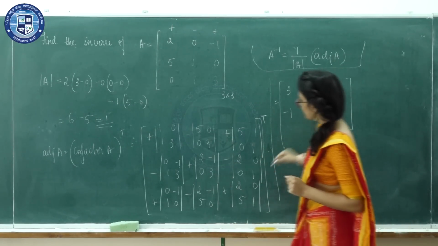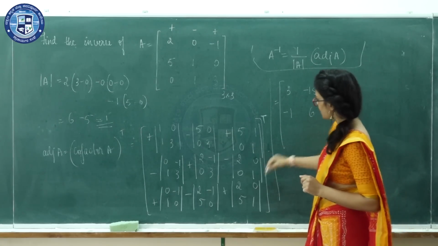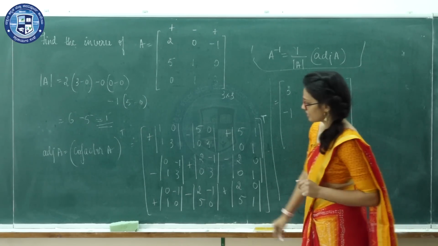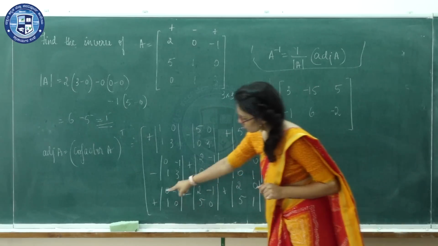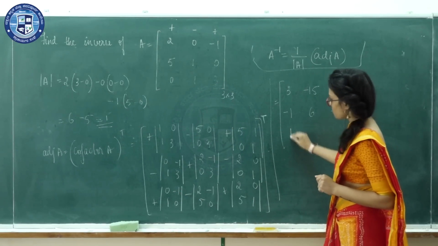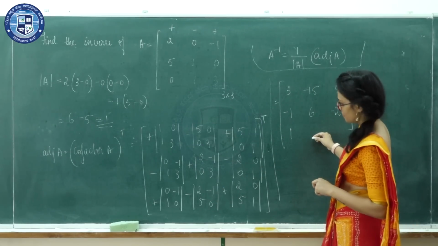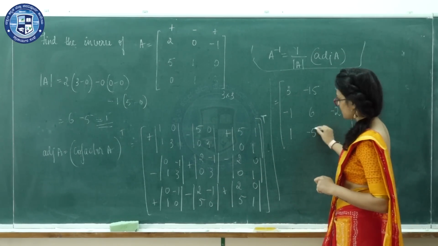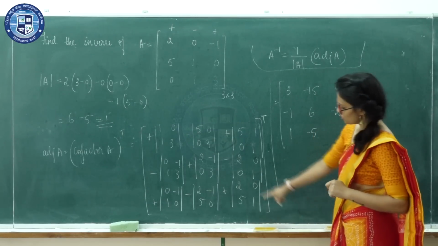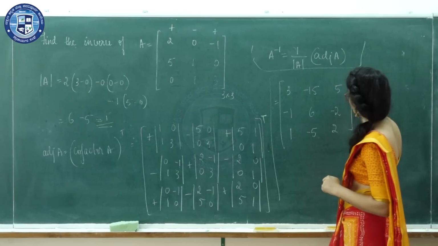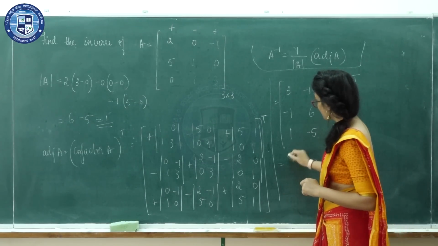This is 6. Next term minus 2. Next we have 0 plus 1, so plus 1. Here 0 plus 5 is minus 5. This is 2 minus 0, so we get 2. So we are taking the transpose of this term.